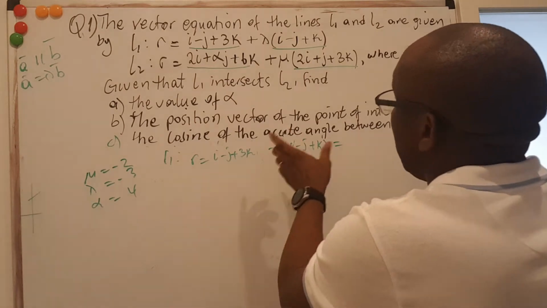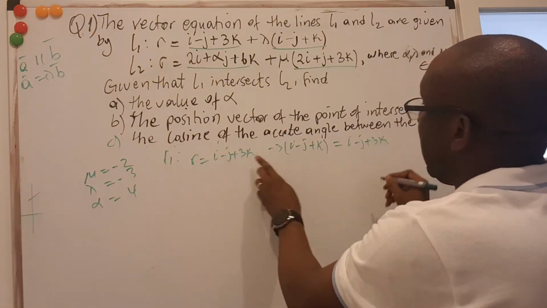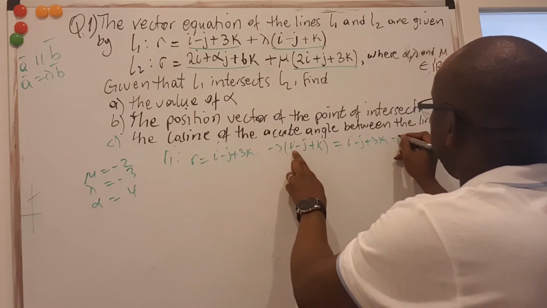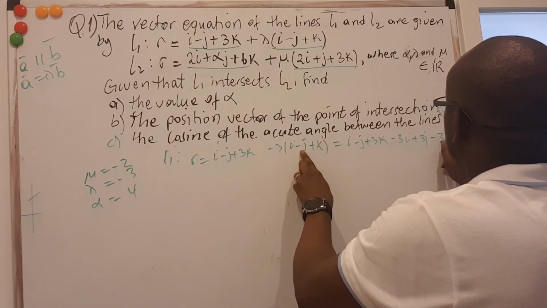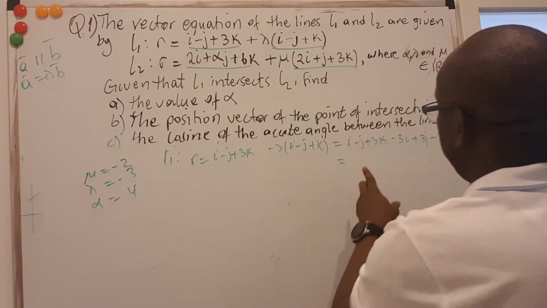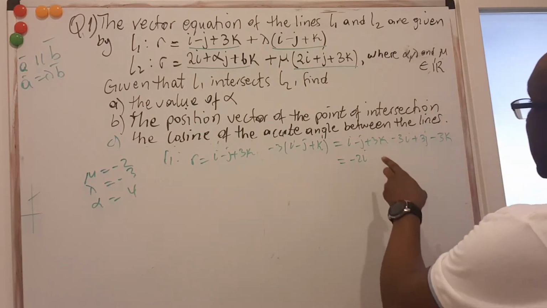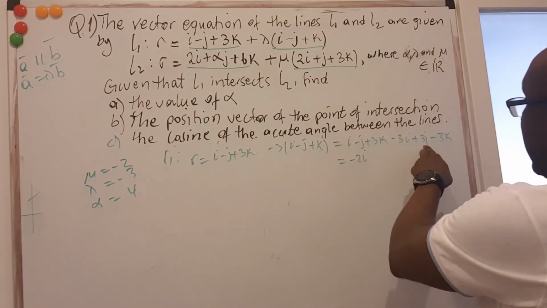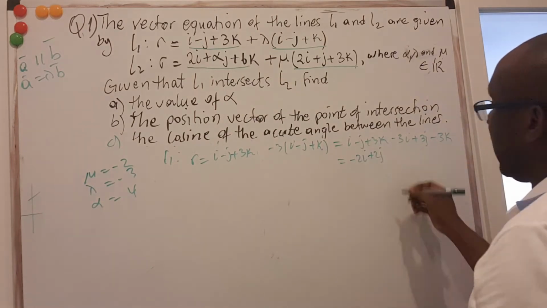To fix it, this is i here, minus j plus 3k, minus 3 times that is minus 3i, minus in there is plus 3j, minus 3k. If you fix it properly, this is i minus 3i, which is minus 2i. This and that gives me plus 2j. And the k disappears.